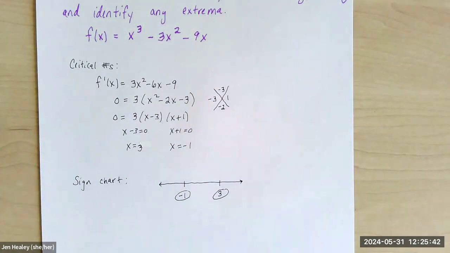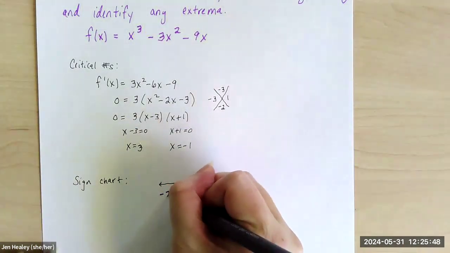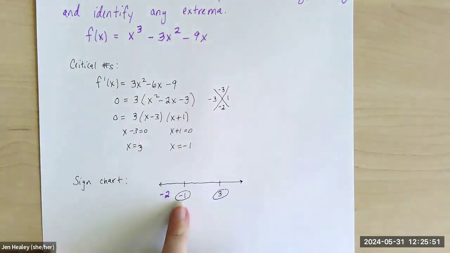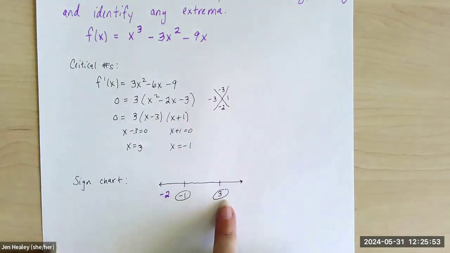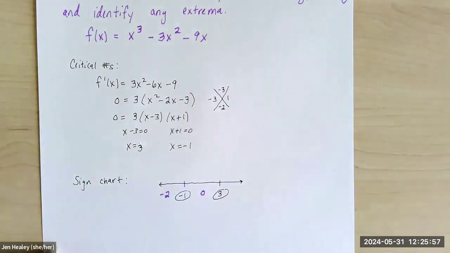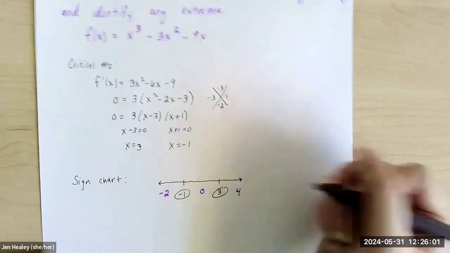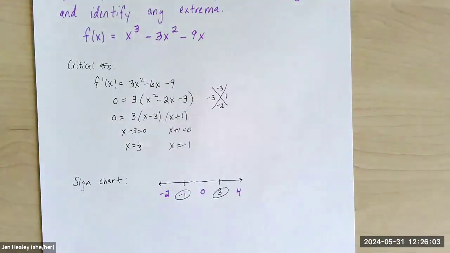And I'm going to choose test numbers on each side of those. Something smaller than negative 1, I could choose like negative 2. Something between negative 1 and positive 3, 0 is always a nice thing. And something bigger than 3, so I could choose 4. And so the question is, what am I plugging those numbers back into?